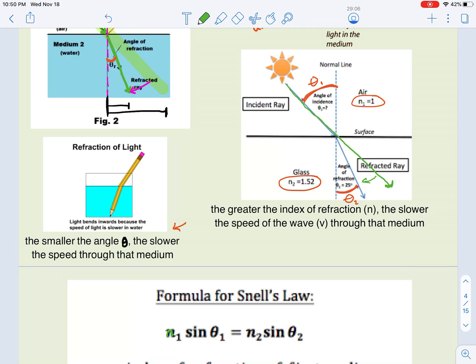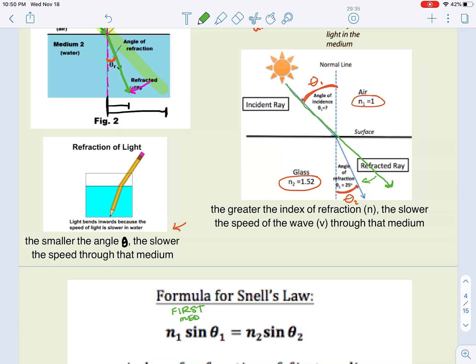N1, the n value, is this ratio number that corresponds to the different types of materials, and it has the same trend as the density of that material. So bigger n values are more dense, smaller n values are less dense. Bigger n values, the wave is going to move slower. Smaller n values, the wave will move faster.